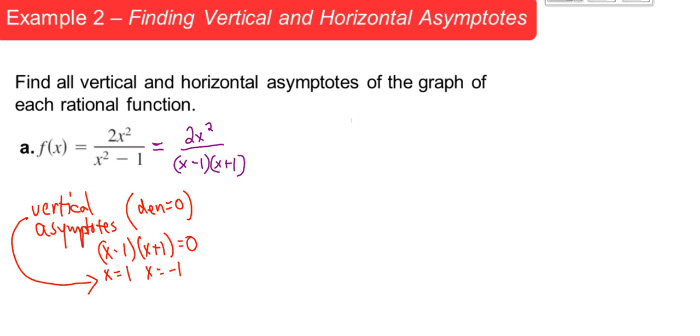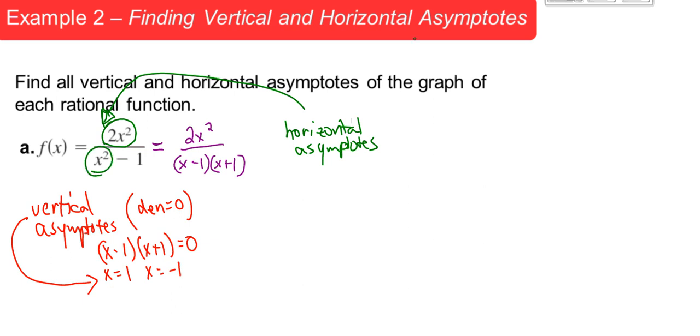And then the next one is horizontal asymptotes. For the horizontal asymptotes, we want to look at this version and see what's happening. We're looking at the powers here and here, and notice that they're the same.